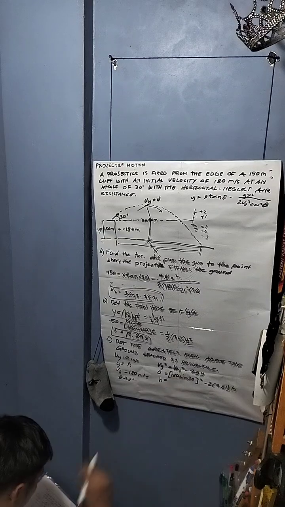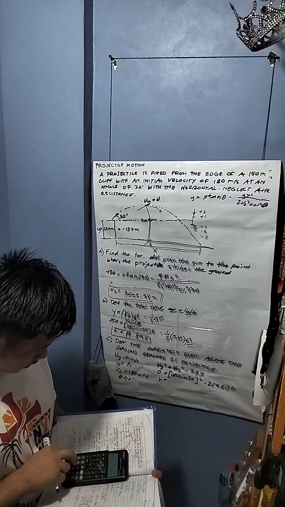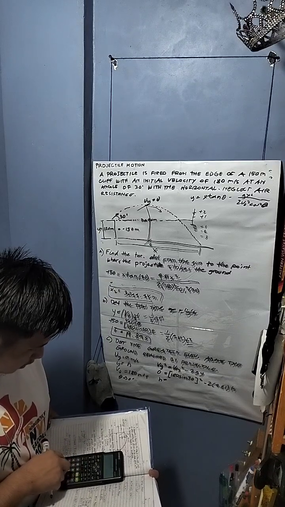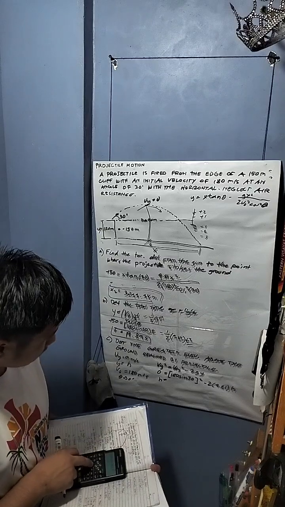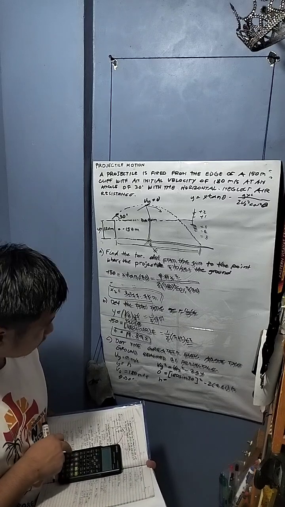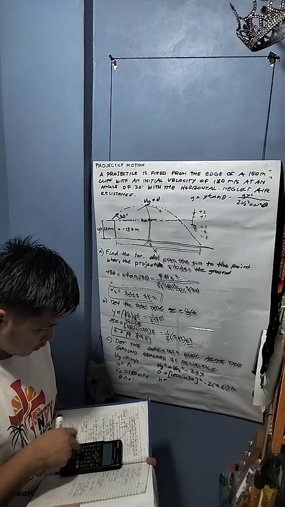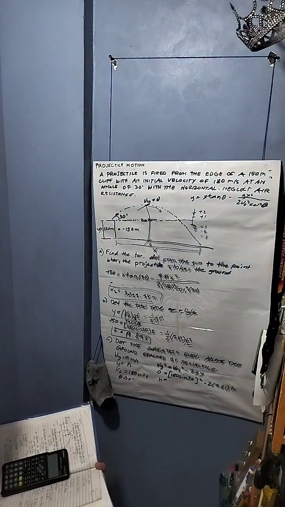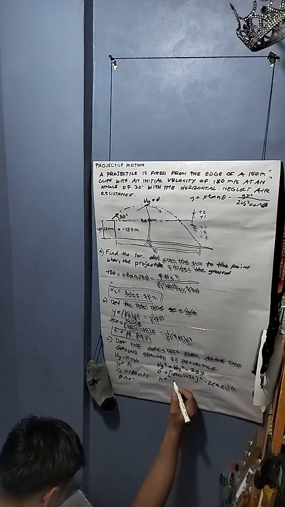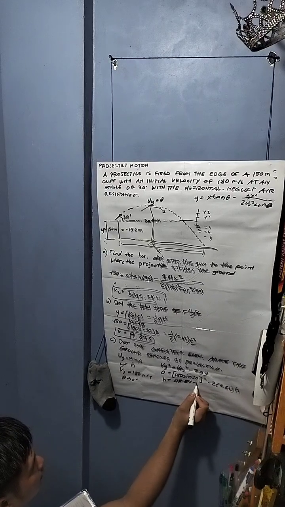And h here, using calculator, will be equal to 180 sine 30 squared over 2 times 9.81. So our h is 412.84 meters.